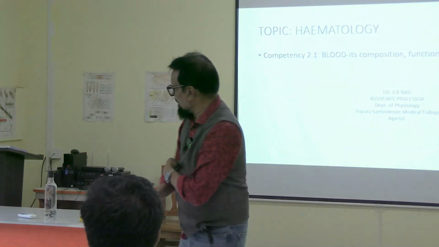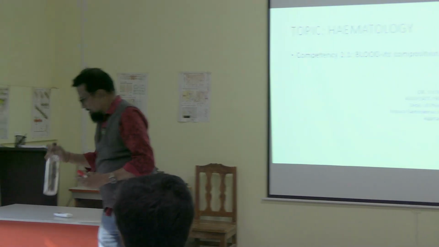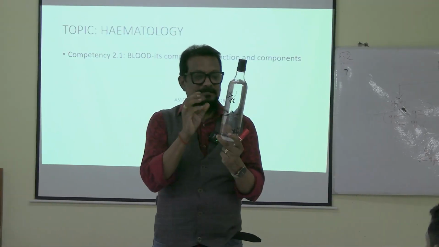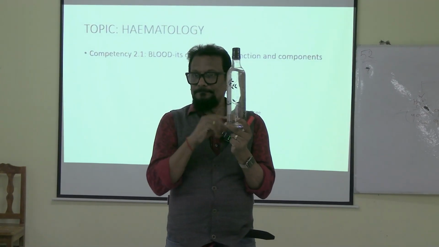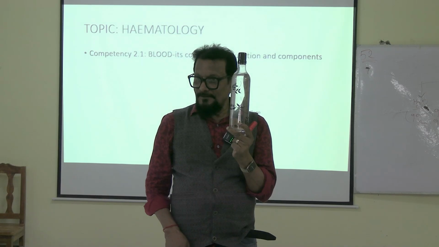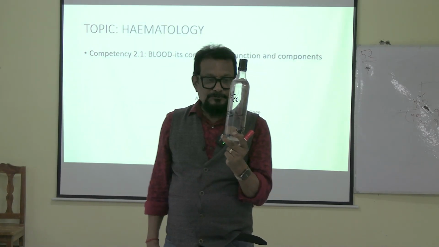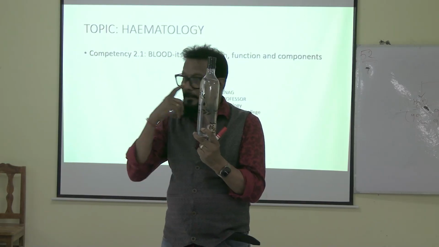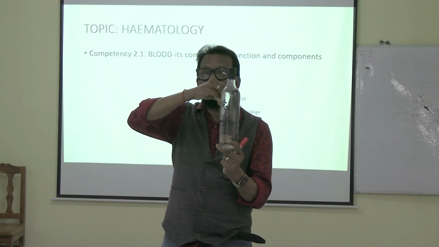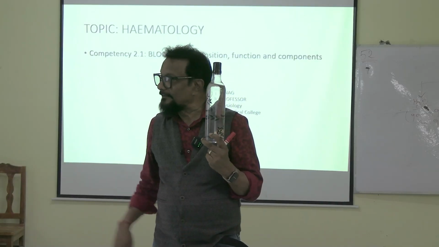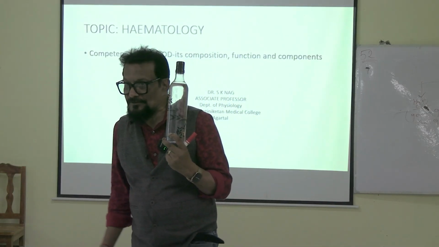Okay, hello. This bottle has 100 ml of plasma. This plasma has plasma proteins. And what is the normal level? 6 to 8 gram%. So let's do one thing. I'll take some water out of this. All other things are left inside. What will happen to the plasma protein concentration?